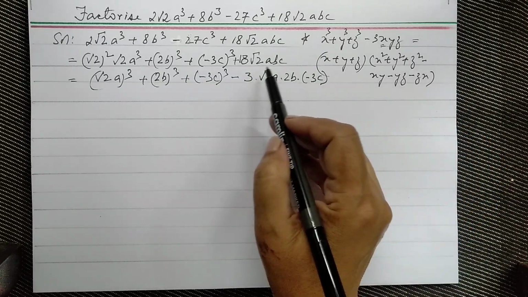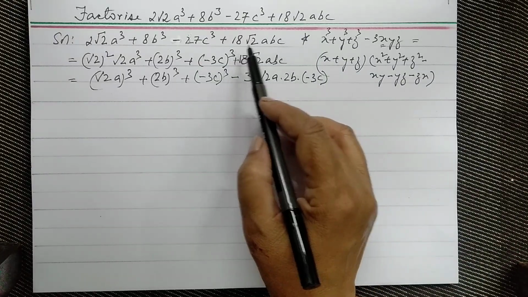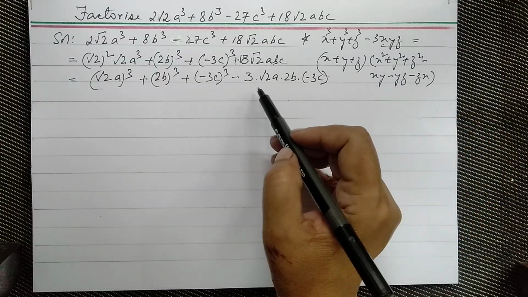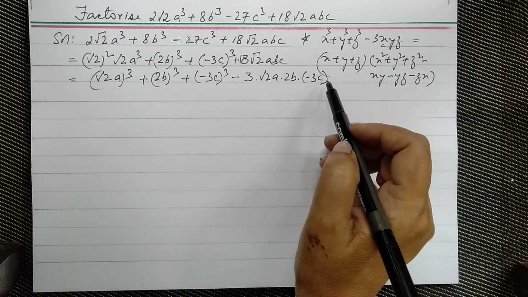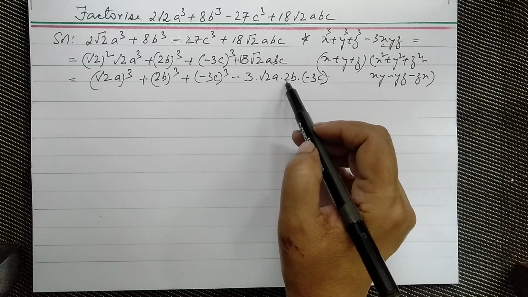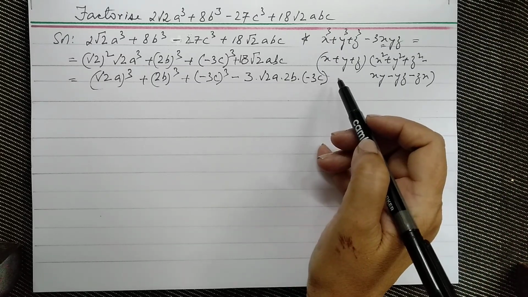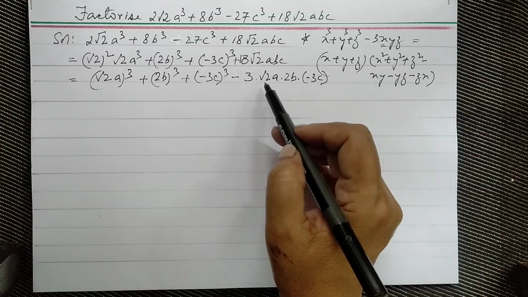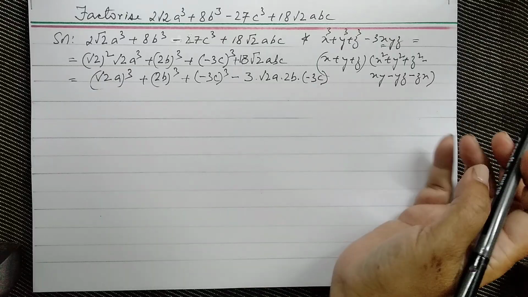So now we need to assess and find out whether this entire thing is equal to plus 18 root 2 ABC or not. So let's multiply. Minus 3 into minus 3c is plus 9c, and plus 9c multiplied by plus 2b equals 18bc. And 18bc multiplied by root 2a is equal to 18 root 2abc.